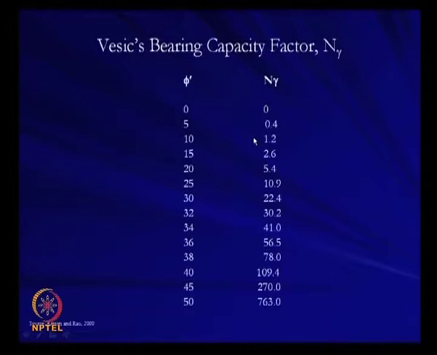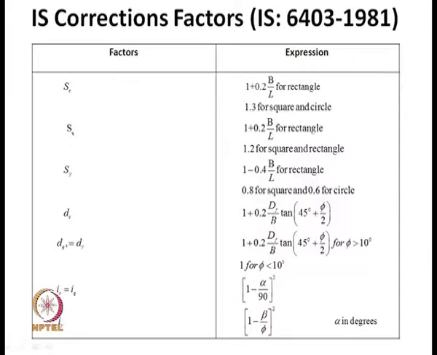So, by using this table we will get the N gamma, and by using the Meyerhof bearing capacity factor table we will get Nc and Nq, and by using this other table we will get the IS recommendation correction factors. For the IS correction factors, we will get the shape factors for rectangle, square or circular footings, and the depth factors for different phi conditions, and for the inclination factors, this alpha is the same as the Meyerhof inclination factor alpha.